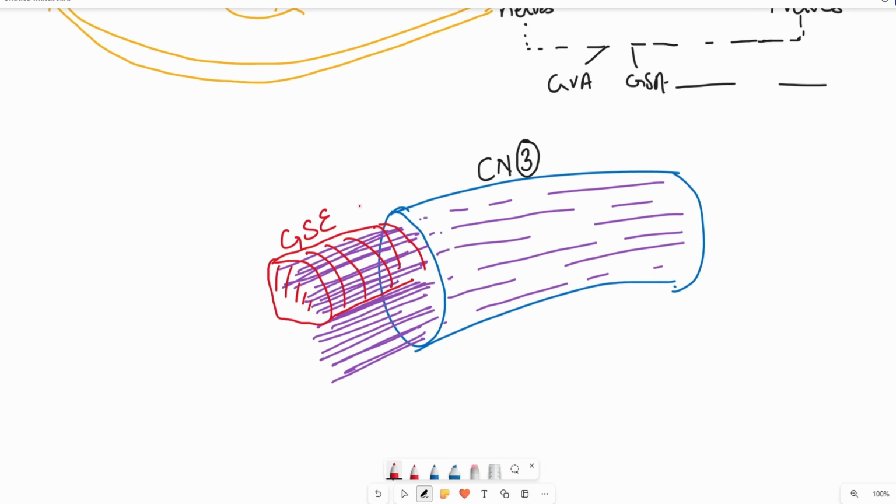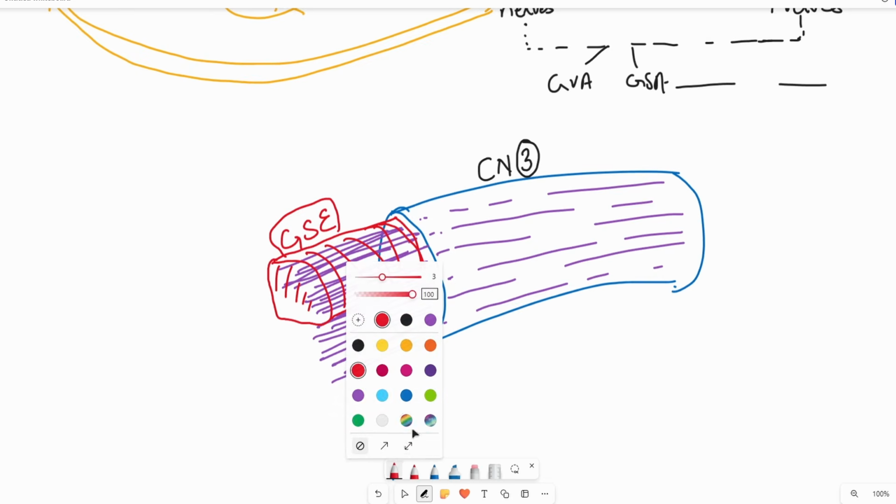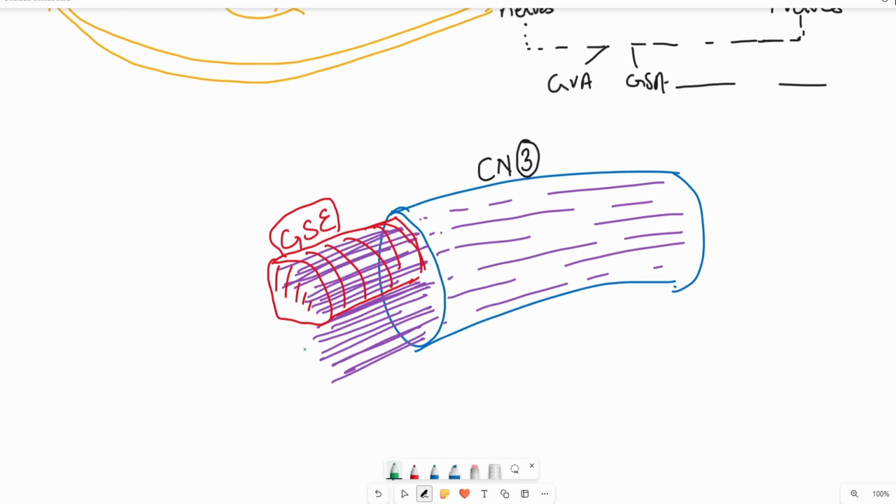Of course, don't get confused. We will discuss what the meaning of general somatic efferent is. I am just giving a sneak peek into the future part of this lecture so that you will get to know what we will be discussing today. So don't worry if you are not able to understand. A single nerve may contain many different types of nerve fibers.